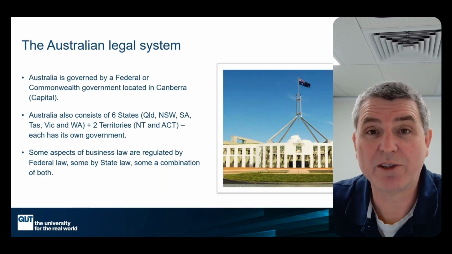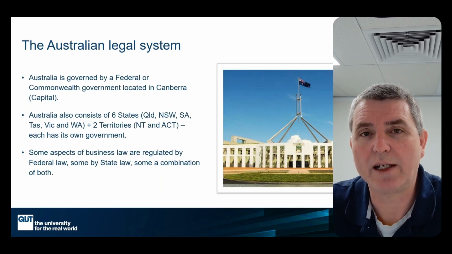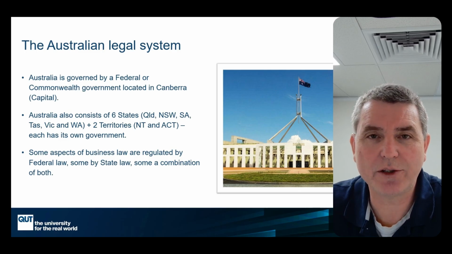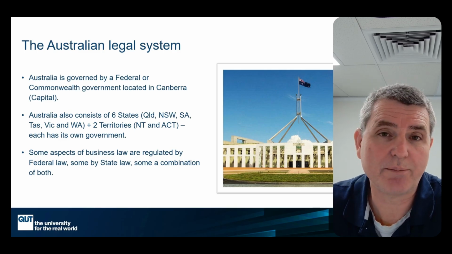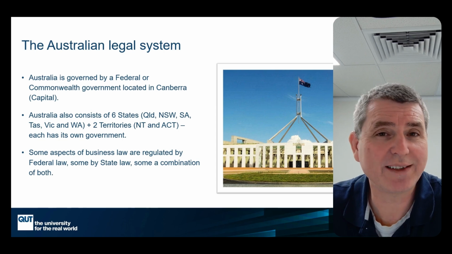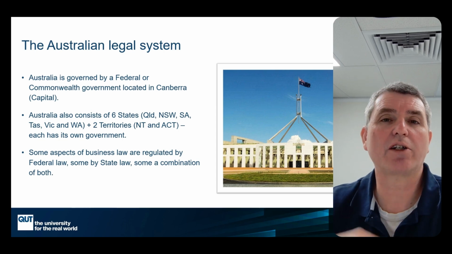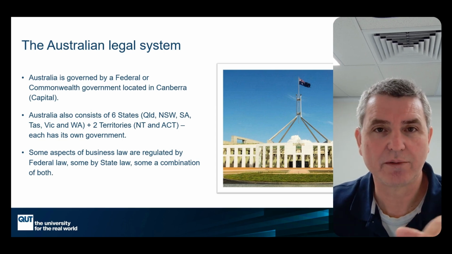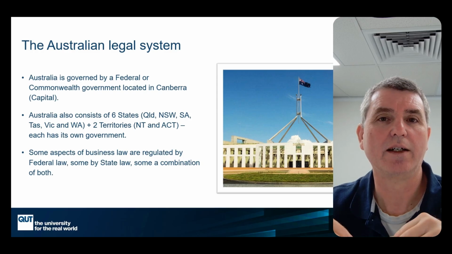So, one of the most important things to recognise about the Australian legal system is that we're based on a federation. Not all governments are based on a federation. And why is that important? Well, there are actually two governments for every citizen of Australia.